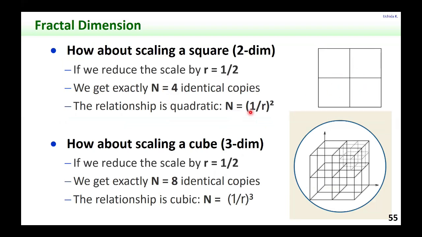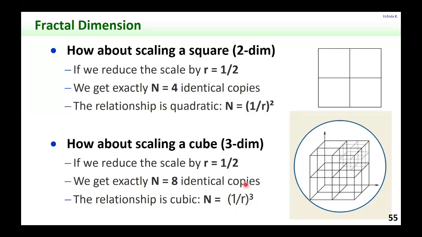So here, N equals (1 over r) to the power of 2. How about in three-dimensional space? If you reduce the scale by half, we have exactly 8 identical cubes. That means N equals (1 over r) to the power of 3.